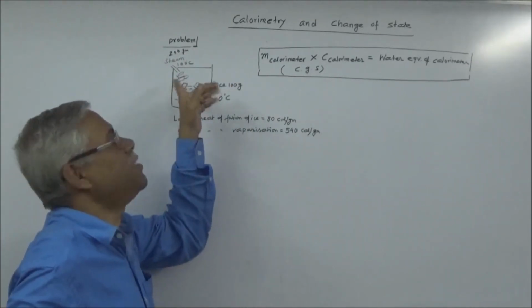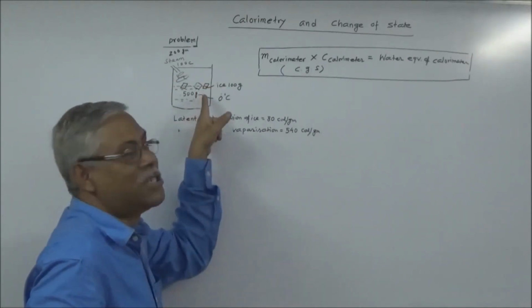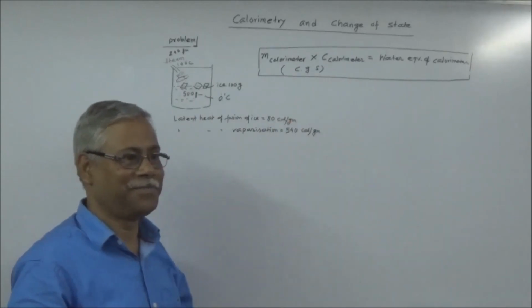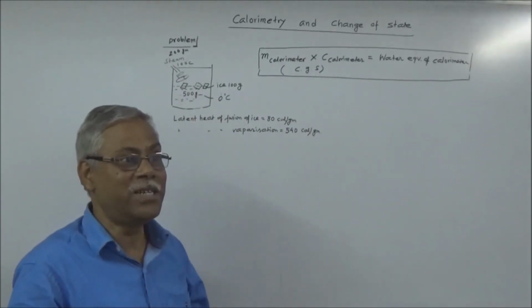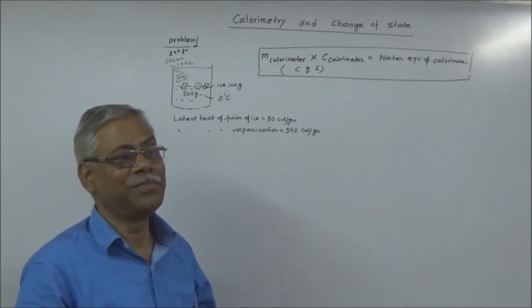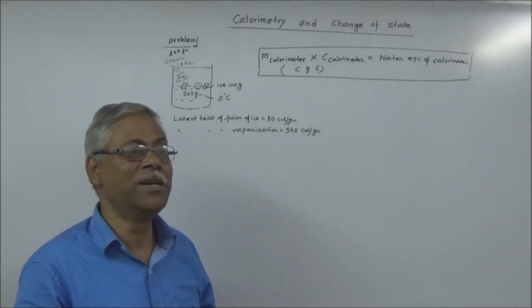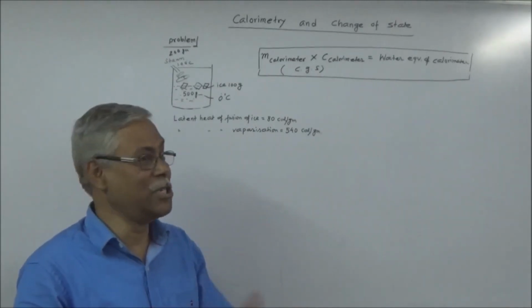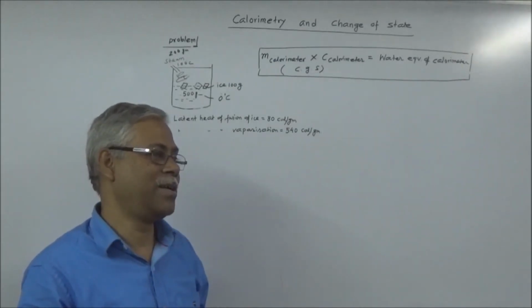Heat present in the steam may not be sufficient to melt the entire ice. Some ice may remain unmelted. In that case, again you will get ice water mixture, means final temperature will be 0 degrees centigrade.